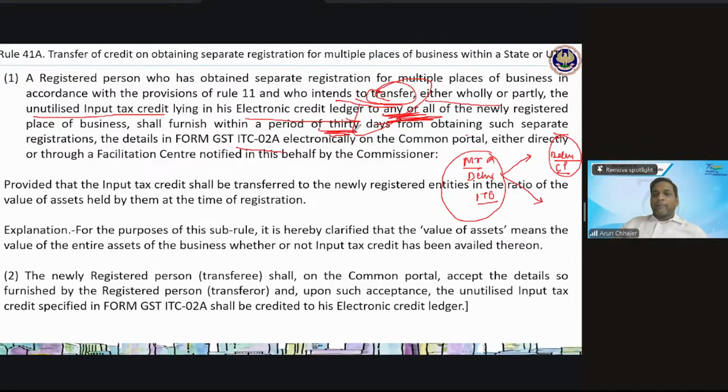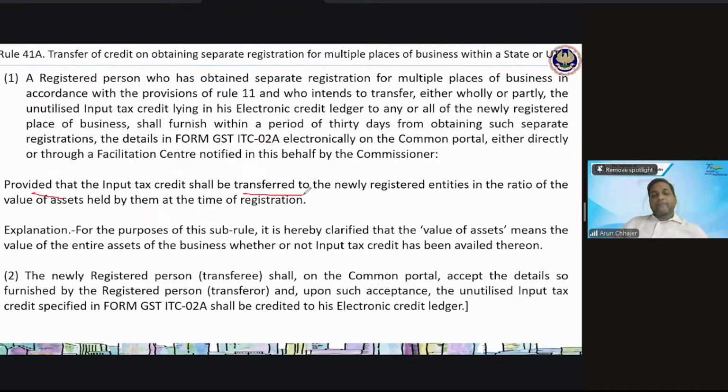electronically on the common portal, either directly or through the facilitation center, provided that ITC shall be transferred to the new registered entity in the ratio of the value of the asset. And value of the asset means whether you've taken the ITC or not taken the ITC. Can you transfer the ITC as per your own wish, as per your own amount, whatever you want?